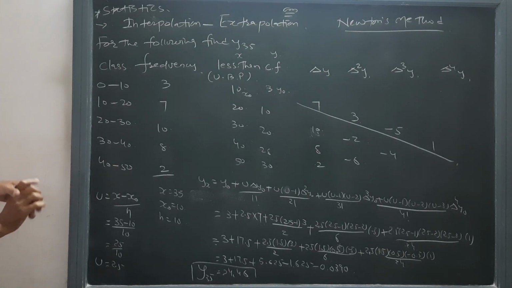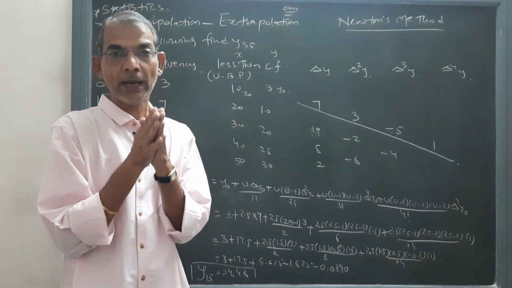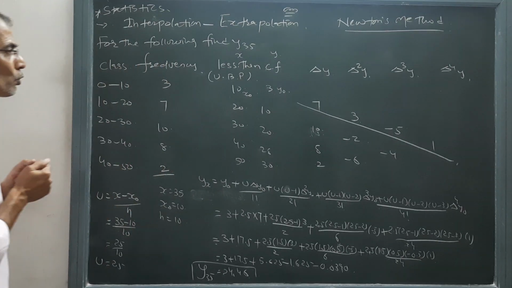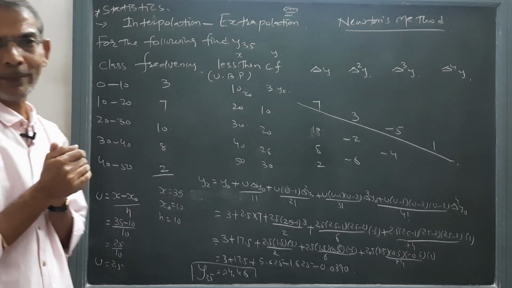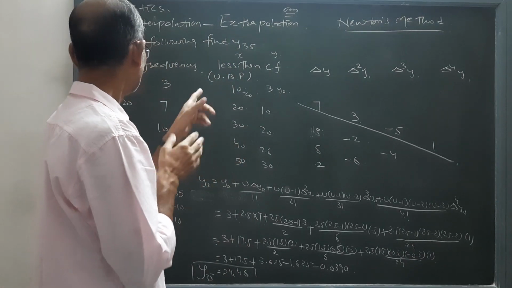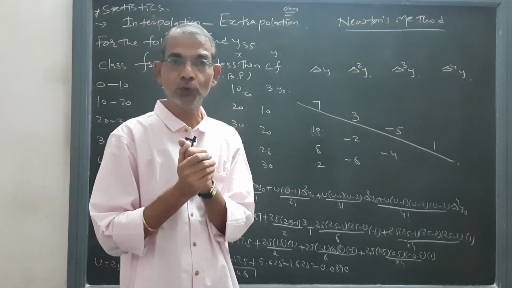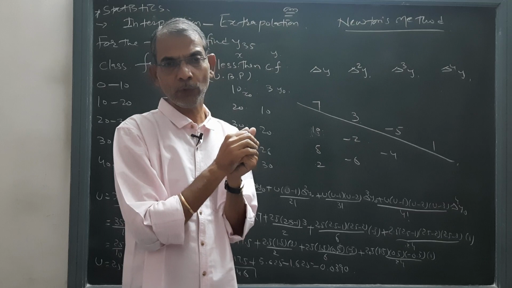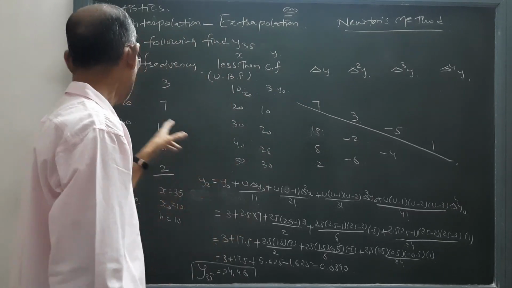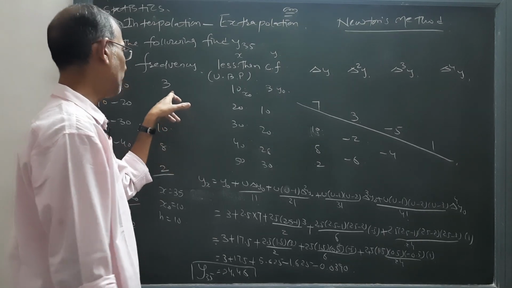Let's repeat again. Here we are given the classes and frequency, and we have been asked to find y35. So by using Newton's method, we will go. First of all, we have to convert this frequency distribution into a less than type frequency distribution. For that, we take upper boundary points, and the frequency will be accumulated.